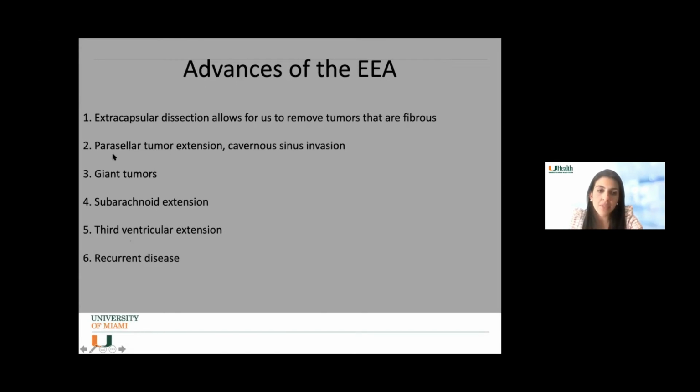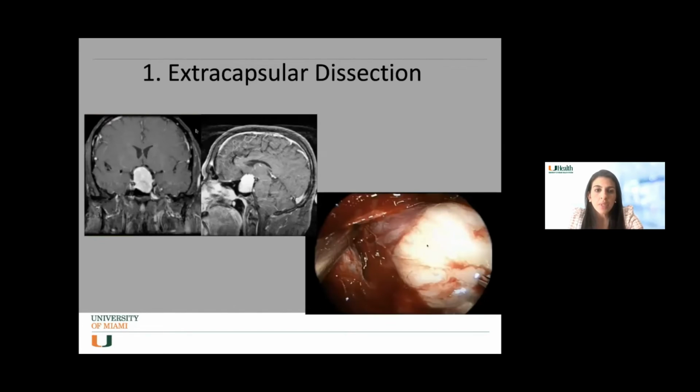It also gives us access for parasellar tumors and tumors that have cavernous sinus invasion. Some giant tumors can also be managed with the endoscopic approach really nicely. Subarachnoid extension, third ventricular extension, and recurrent disease are all situations in which the endoscopic approach gives us a little bit of benefit.